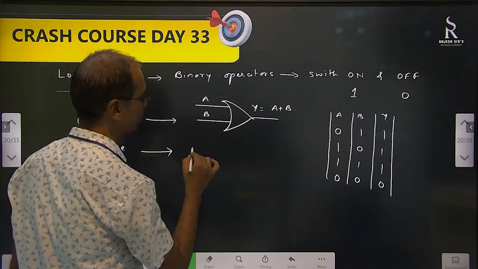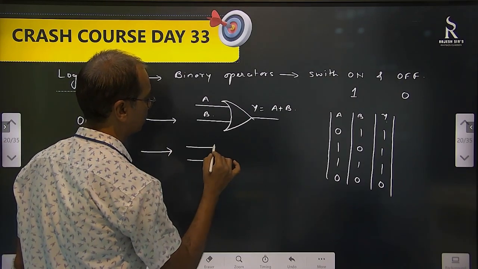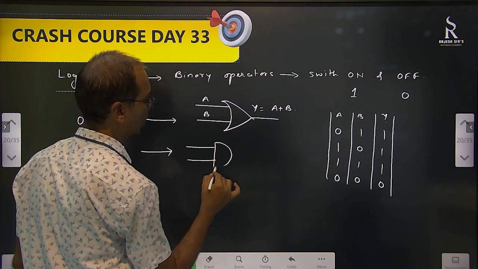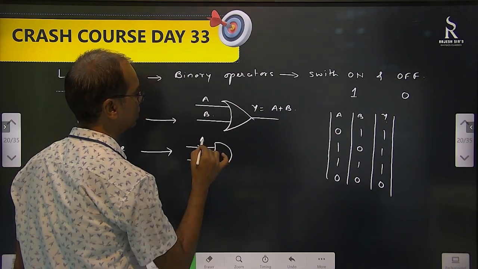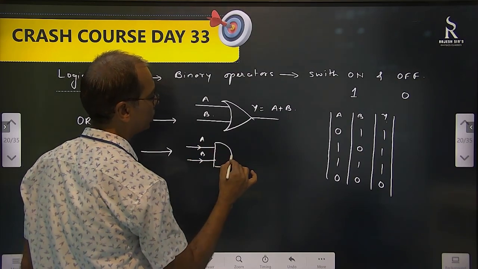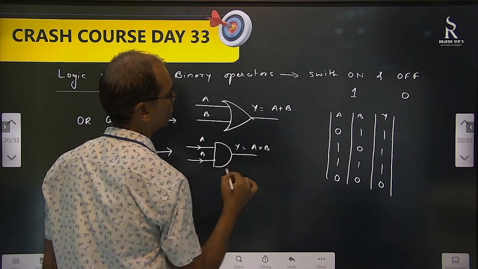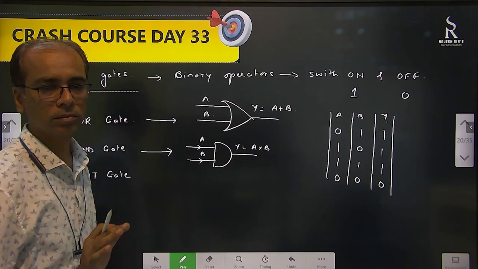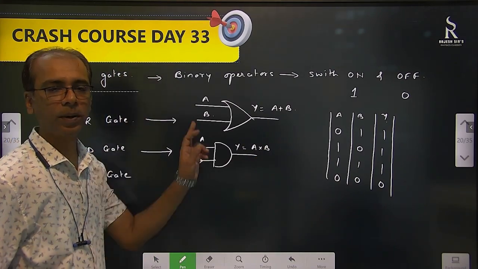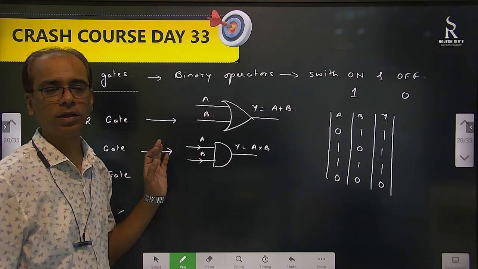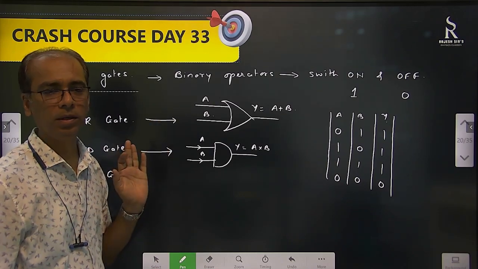How to make it? Like this. This is AND. This is A, this is B. Now this is series circuit. Series circuit means if any of the switches is off, the bulb will not be on. This is parallel: if one of the circuits is working, then the bulb will be on.